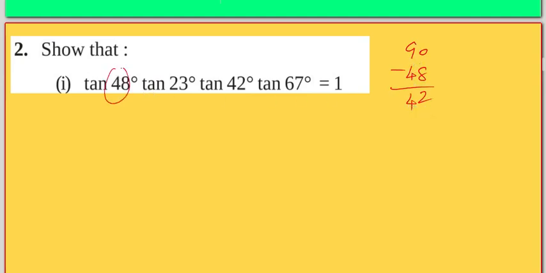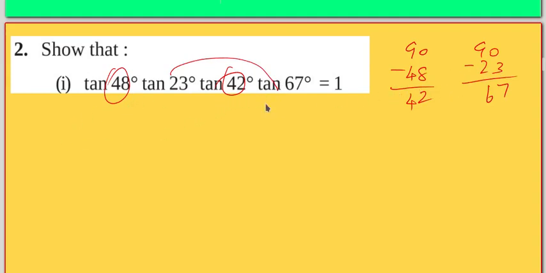That means 48 and 42 are complementary angles. Next, for 23, from 90 we subtract 23: 10 minus 3 is 7, 8 minus 2 is 6. So these two are complementary angles.